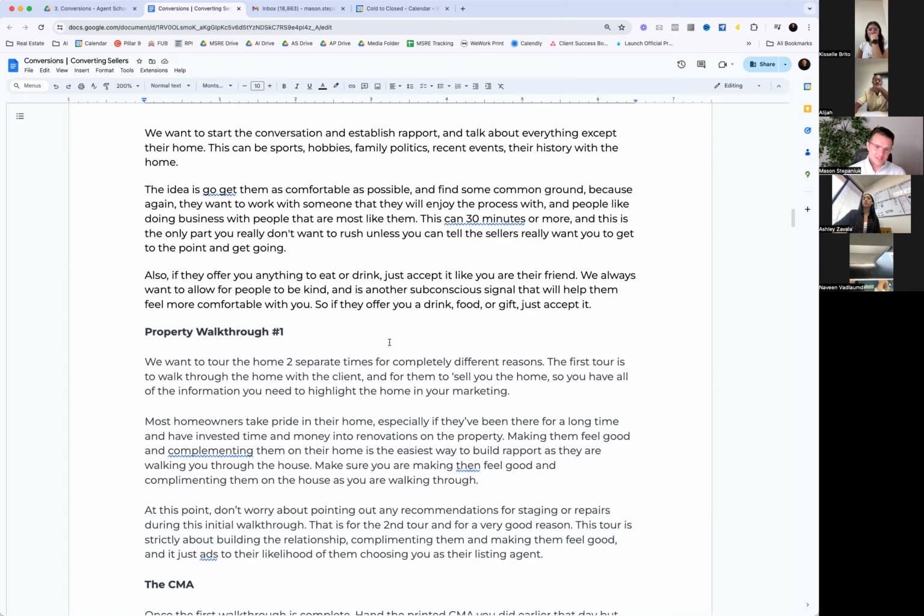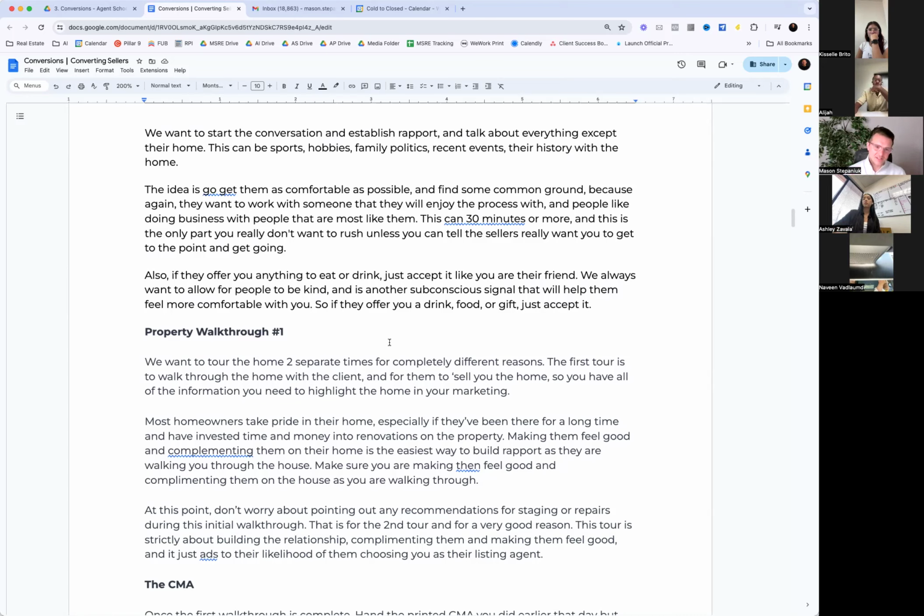So from there, okay, we want to dive into our first property tour. We're going to do two different property tours, and I'm going to explain why, okay? The first property tour is really relationship focused, and we want to focus on making the prospect feel good about their house.